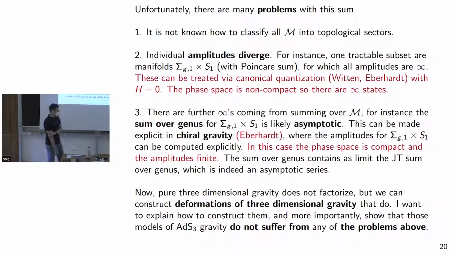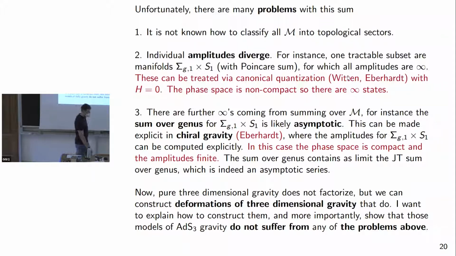In that case, he found a way to compute these amplitudes explicitly. And the sum over genus contains as a limit the JT sum over genus, which is already asymptotic. So this sum is asymptotic too. And in the chiral gravity case, the amplitudes are actually finite. So it's an extra problem on top of the ones that we already have.